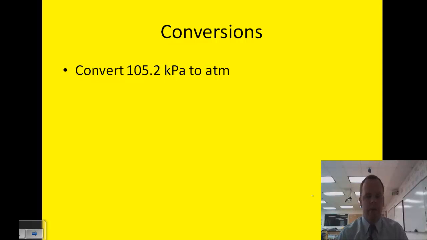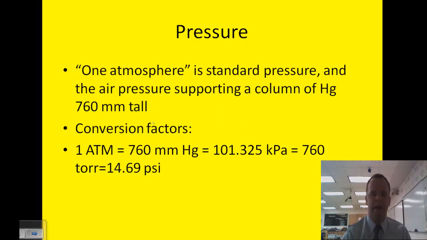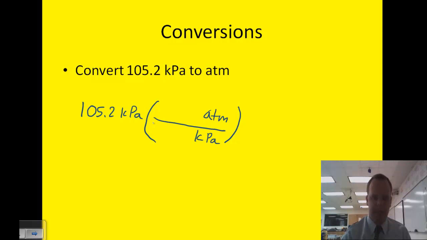Convert 105.2 kilopascals to atmospheres. And we're going to set this up, factor label method, just like we've always done. We want to cancel kilopascals and solve for atmospheres. Now if we go back to our previous slide, we remember that 1 atmosphere is 101.325 kilopascals. So the relationship we can put in here is 1 to 101.325.